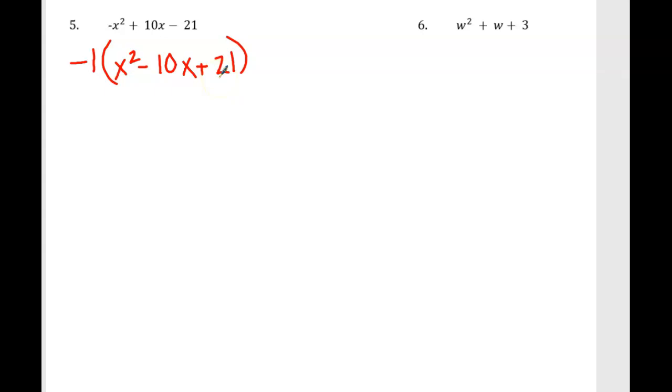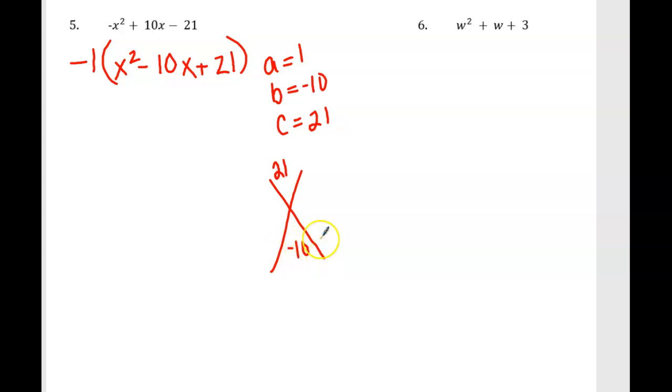From there, I'm just going to factor the trinomial that's in the parentheses. So my A now would just be positive 1, my B is negative 10, and my C is 21. So when I make my X, I've got 21 and negative 10. The two numbers I can multiply to get 21 would be negative 7 and negative 3, because when they add together it would be negative 10.